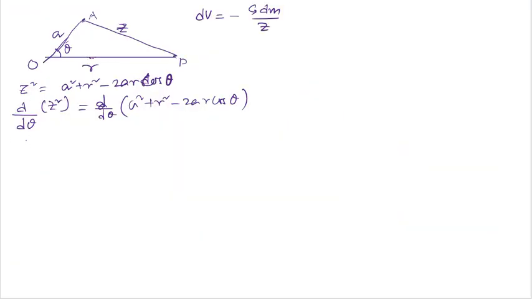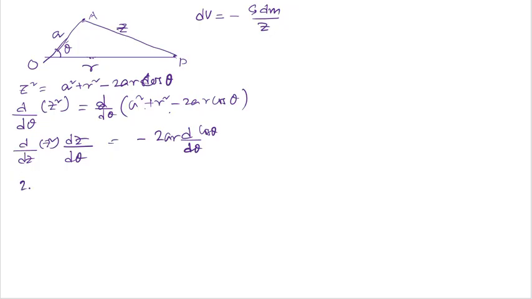So I can differentiate z square with respect to z, and then dz by d theta equals, a square and r square are constants so their derivative is 0, so I can write minus 2ar d of cos theta by d theta.